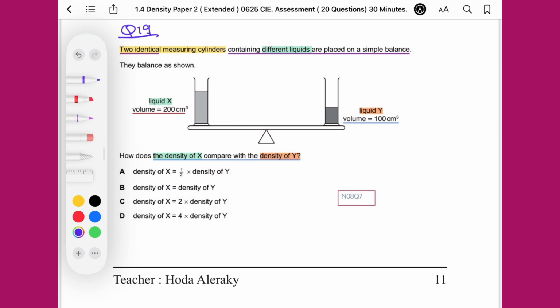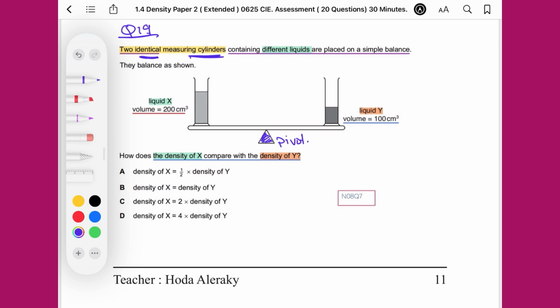Because you have here a balance. We have here a pivot, and in this case you have equilibrium and you have liquid X and liquid Y in identical measuring cylinders. So when you are comparing, it's a fair comparison.